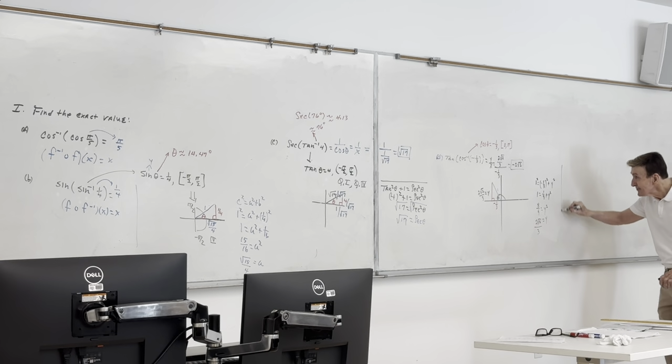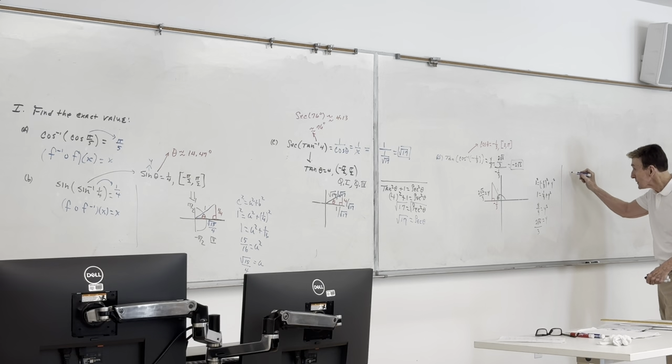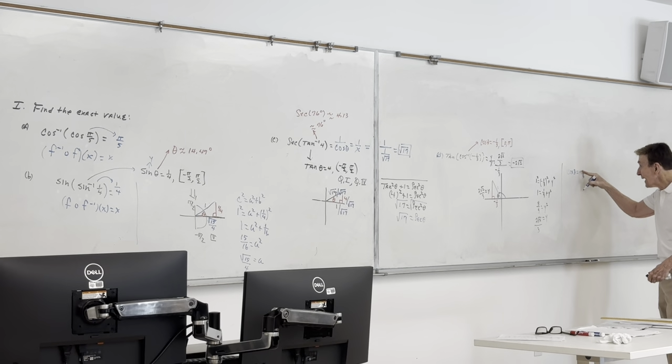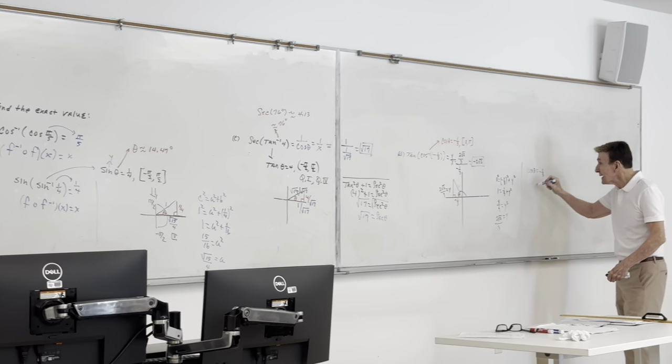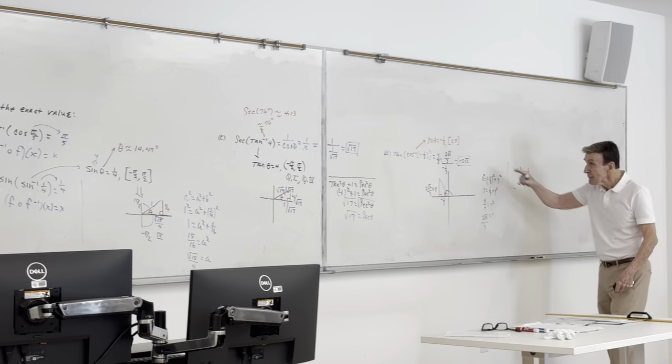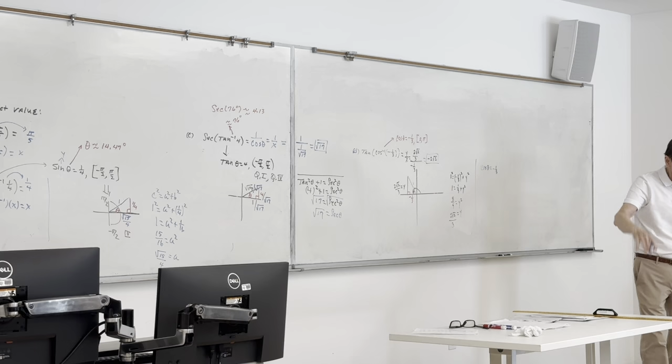Now, I need some help though on this one. I'm going to do it another way. Cosine theta is equal to a negative 1/3. That was given to me. We're trying to find the tan and not touch a triangle.